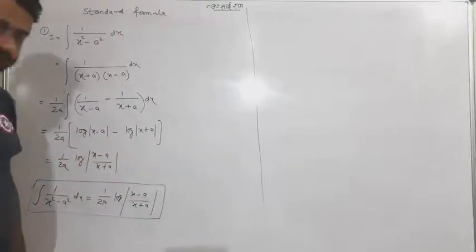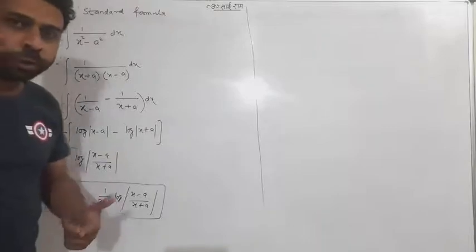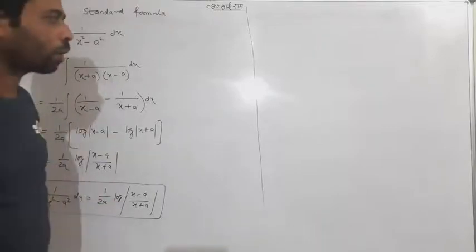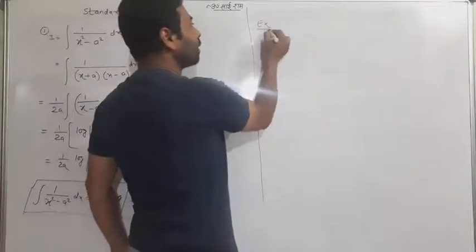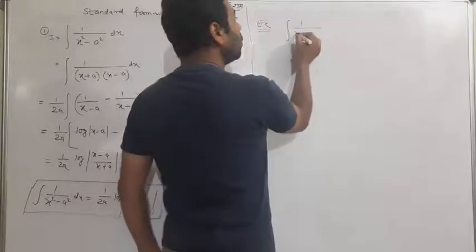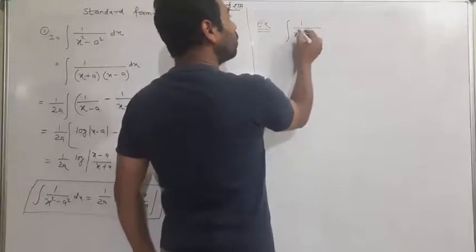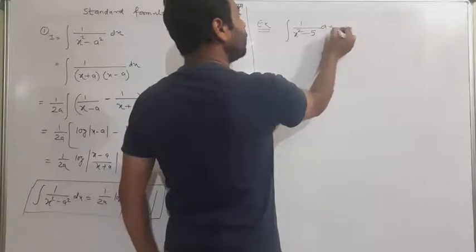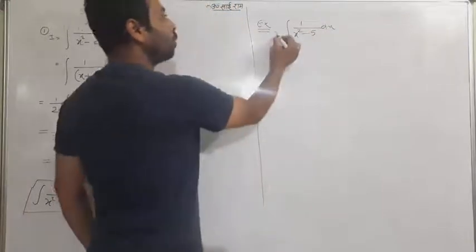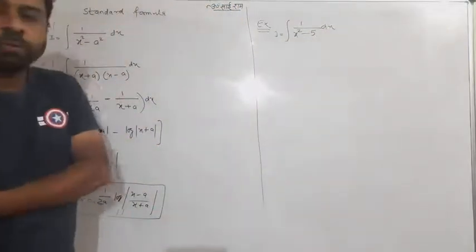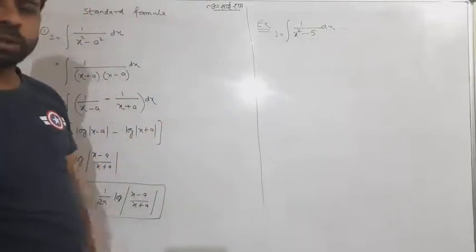I will tell you how a question will come and how you can operate this. Okay, I am giving you an example from my side. Suppose you are told to find the integration I equal to this. This question is coming in front of you, and you have to solve it.